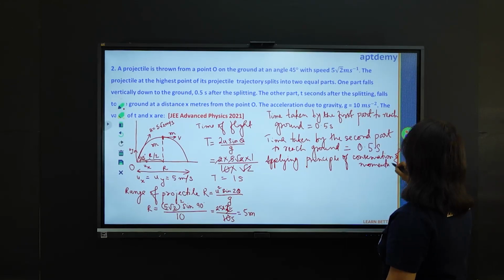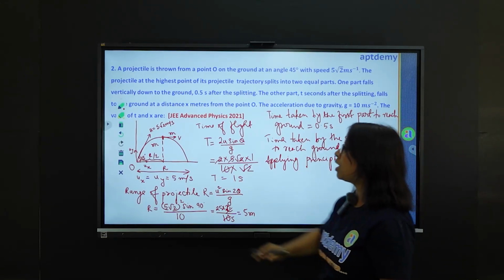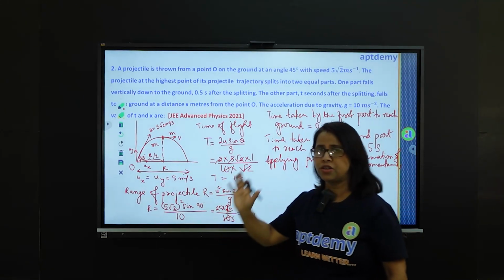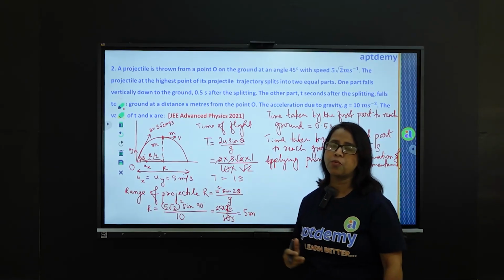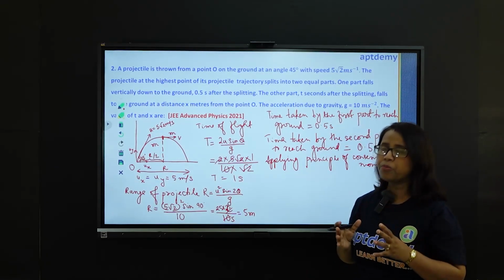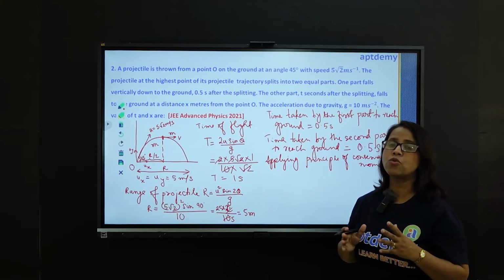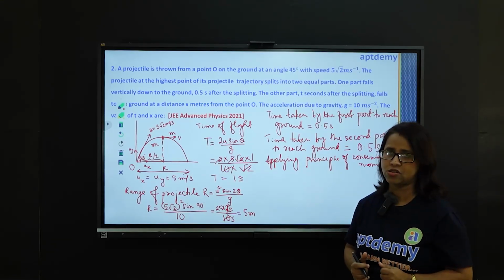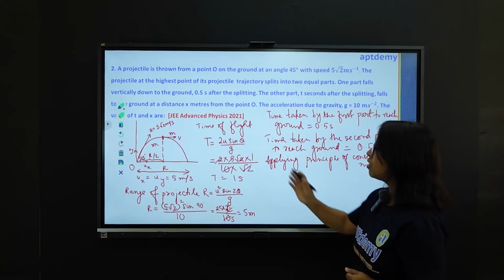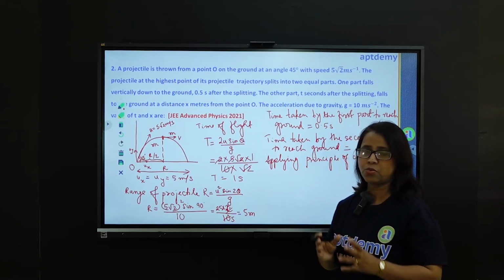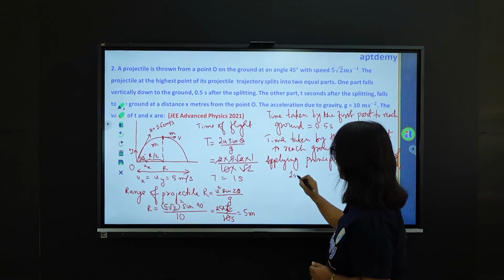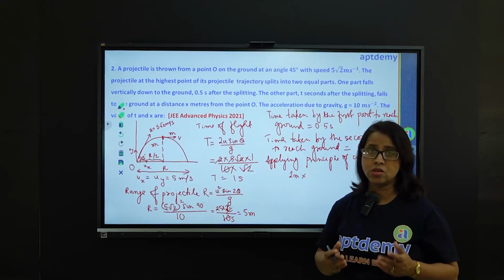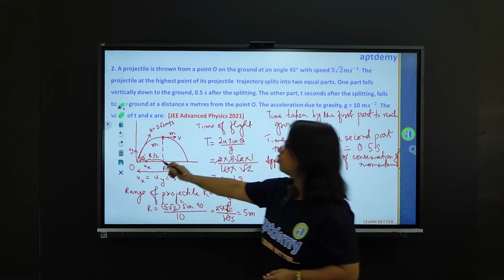When we are talking of this principle, we are actually considering the vertical motion. So we consider the components of speed or velocity in the vertical direction only. Before splitting, the net mass of the projectile was 2m and the vertical component of the speed was equal to 5.